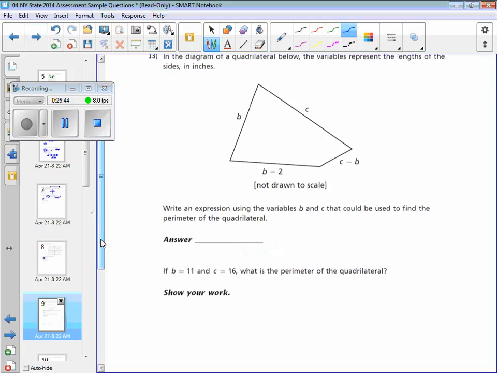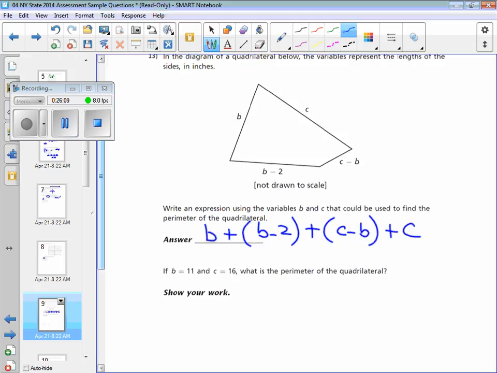Here's how you do it. I'll start with B. You can start with any side you want. B plus. Only thing I'm going to suggest to you, since this B minus 2 is expressing the result of that side, I would put it in parentheses. Plus, same thing, C minus B needs to be in parentheses.